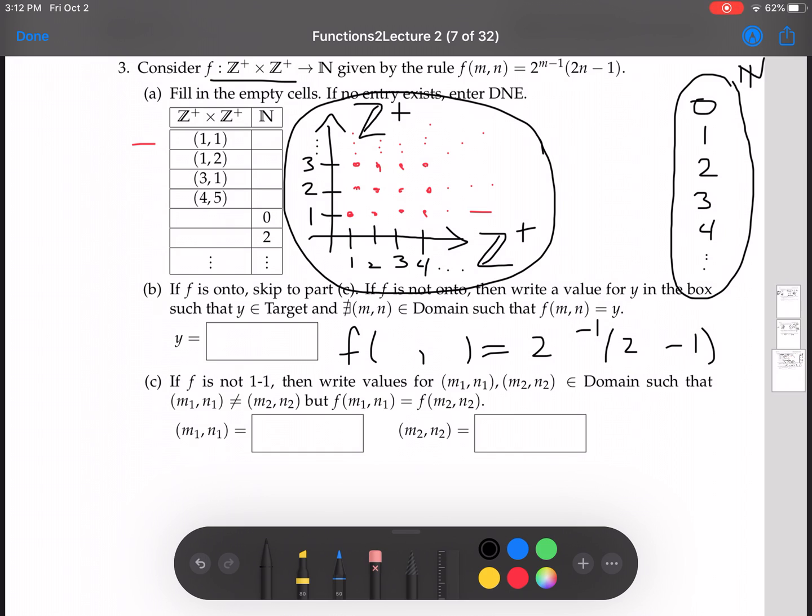All right, so let's see, if we put in (1, 1), 2 to the 1 minus 1, that's 2 to the 0. 2 to the 0 is 1. 2 times 1 is 2. 2 minus 1 is 1. So here we get 2 to the 0 times 2 minus 1. 2 minus 1 is 1, so this goes to 1. All right, so (1, 1) goes across to 1.